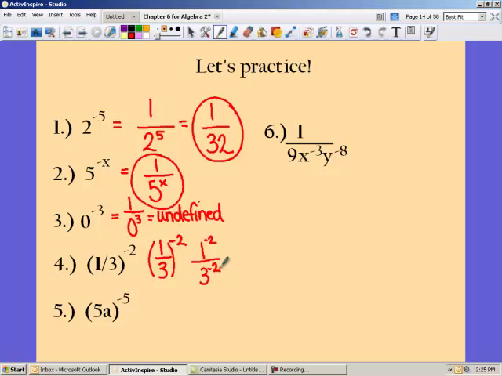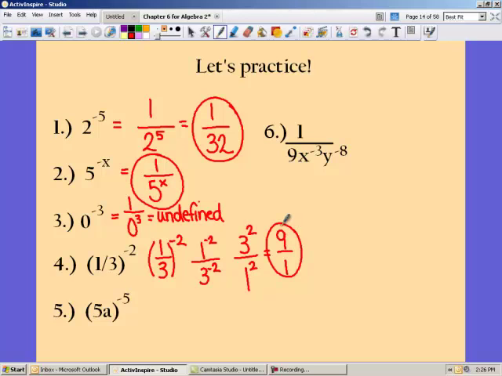And so we have both things with negative exponents. We need to flip them both. So they're going to change spots with each other. And the exponents will now become positive. And we can calculate this out. 3 squared is 9. And 1 squared is 1. So the answer is 9.